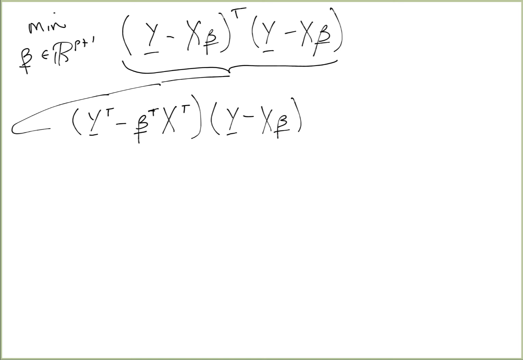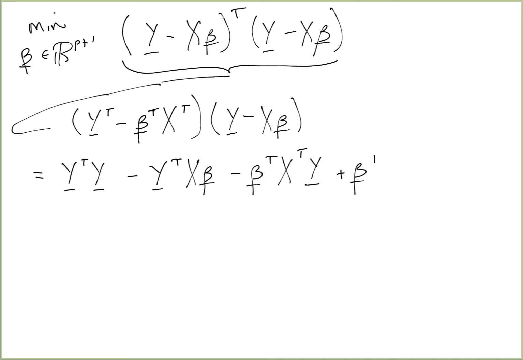So this will be first y transpose y. Then the outer, we have minus y transpose X beta. Then for the inner term, we have minus beta transpose X transpose y. And then the outer term, we get plus beta transpose X transpose X beta.